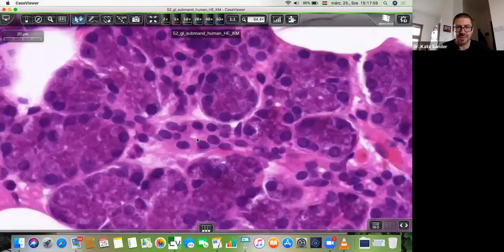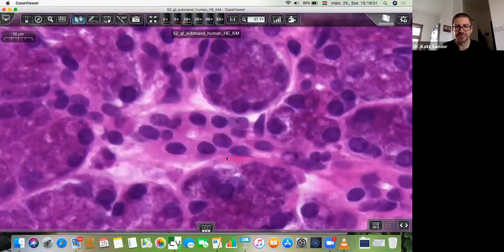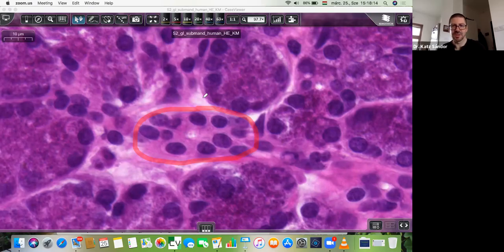So this is good. It's not a proper cross section, it's a tangential section, but I think it's perfect to get the meaning of the intercalated duct.